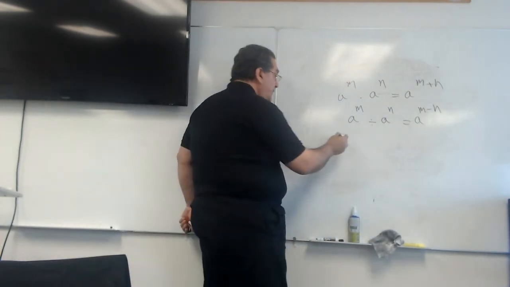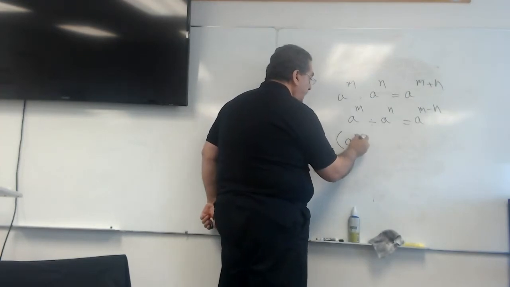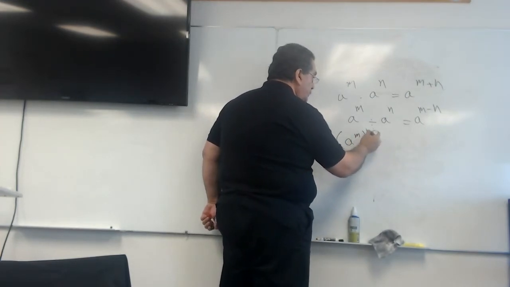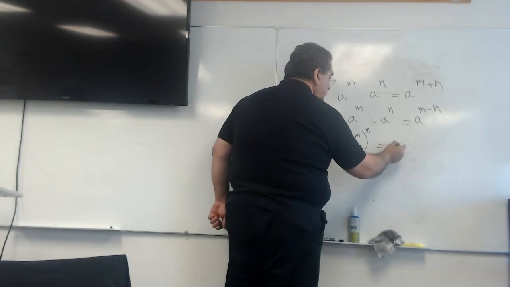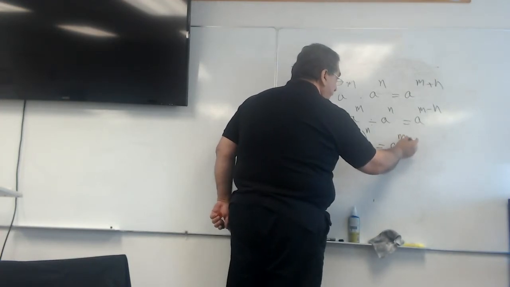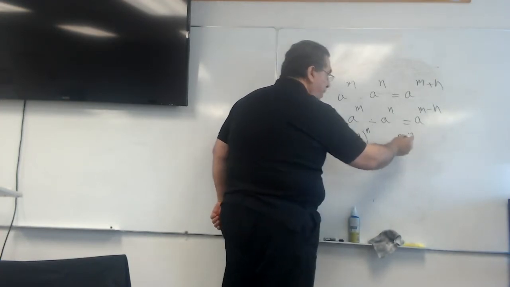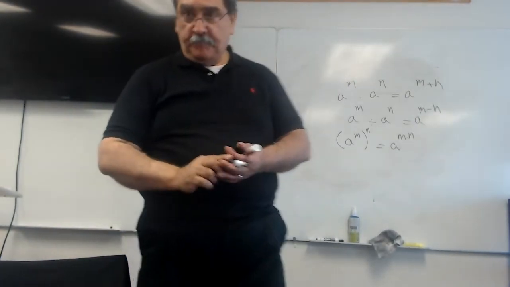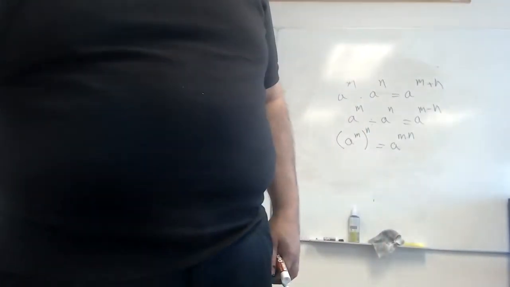If I have a to the power of m in parentheses to the power of n, it's a to the power of m times n, multiplied. And a is not 0.